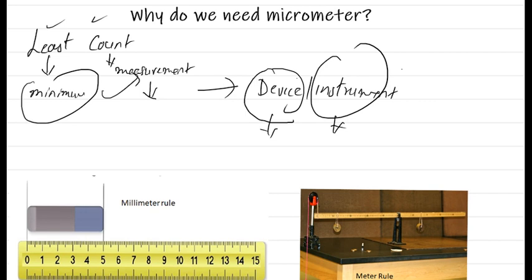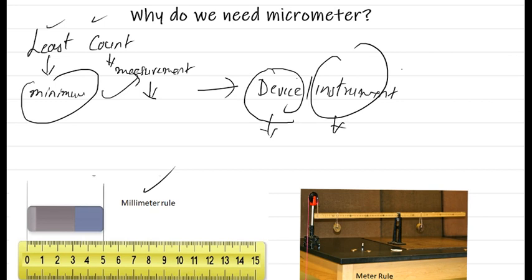Okay, now just for example, see this. You use the millimeter rule very frequently on a daily basis in the classrooms. So what do you think is the least count of the millimeter scale? It is very simple.